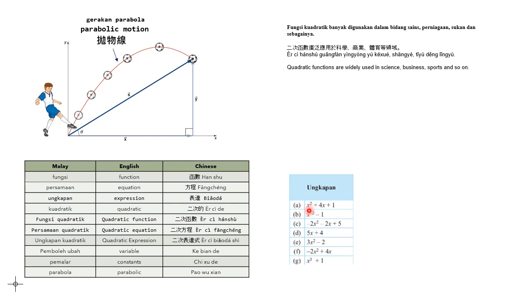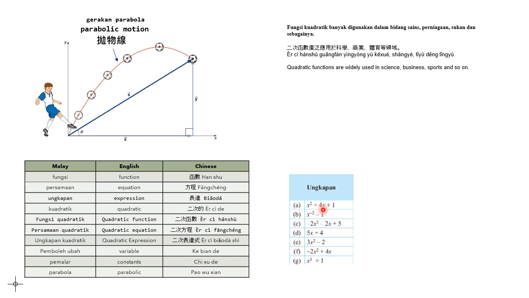So, satunya biasanya tidak dituliskan dalam ungkapan. So, 1, 4 dan 1 sini ialah what we call pemalah, constants. Okay, X square and X here is the pemboleh ubah or the variable.